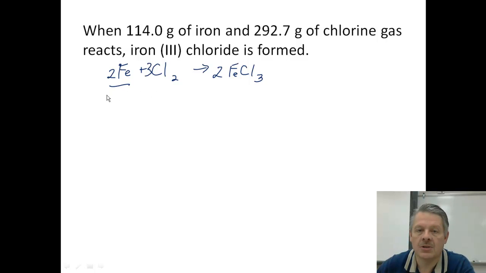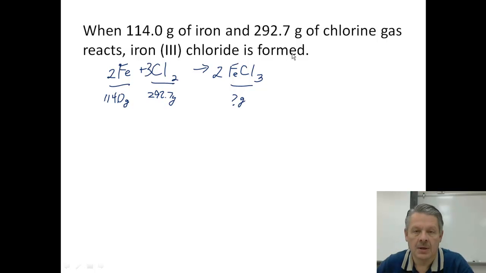There's our chemical reaction. And now we write down what we know, which is 114.0 grams and 292.7 grams. And this is our unknown, and we're trying to figure out how many grams of that we're coming up with. Now, to save you some time, I have looked up iron and chlorine.